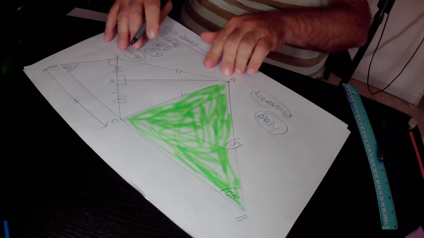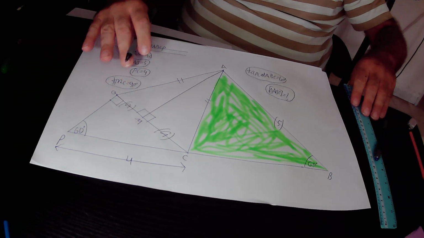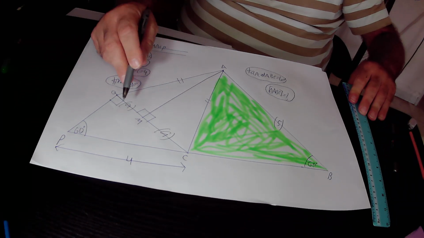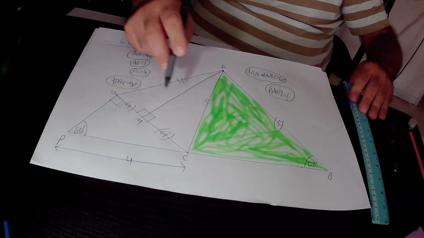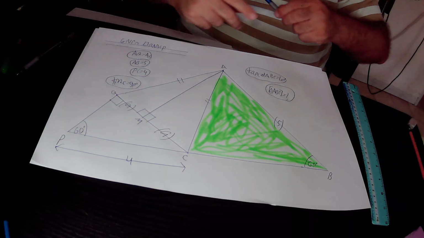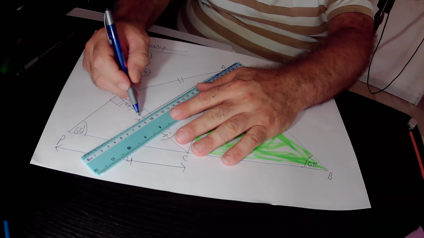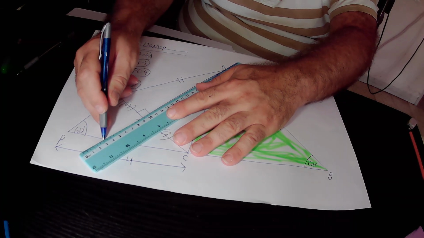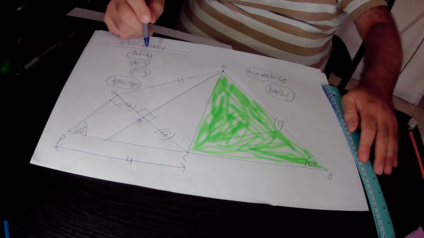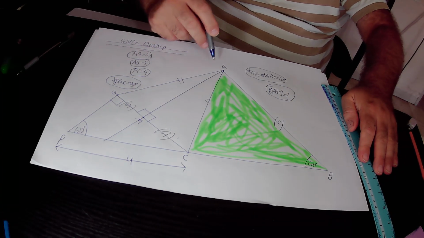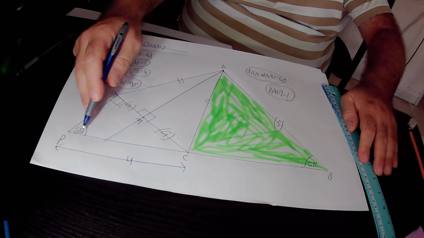In the next step, we will extend the perpendicular AM by a straight line until it touches side PC. We define the touching point of the extended perpendicular AM with side PC.